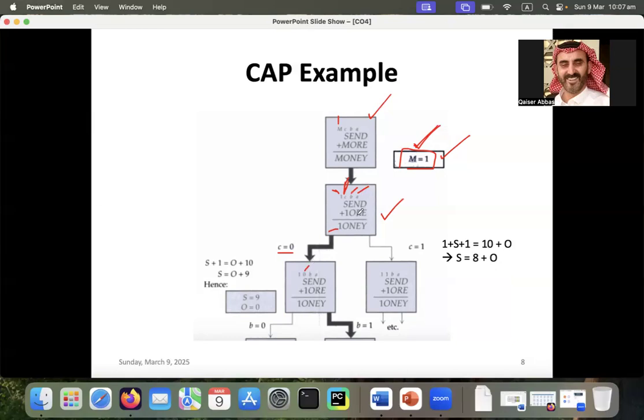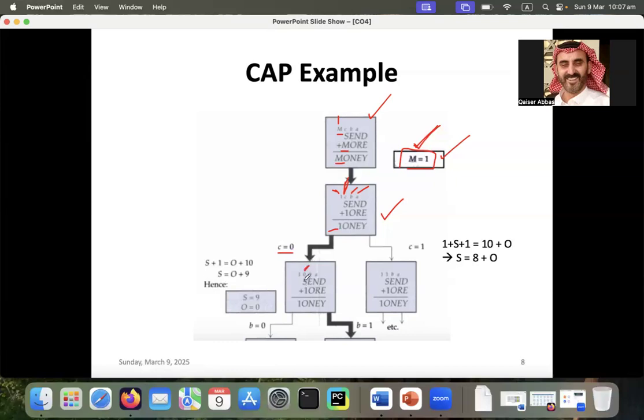And this is M, this is M, and this is M, which we replaced previously. That's why you are seeing 1 here, 1 here, and 1 here. So now you have 0 here, 1 here.